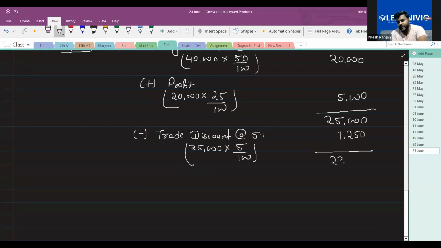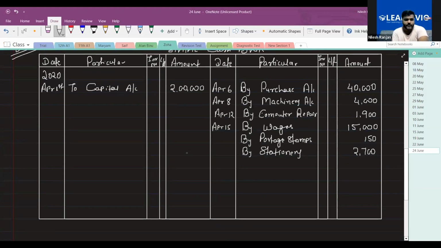So the remaining amount is 23,750. This is in cash. So to sales, 23,750.